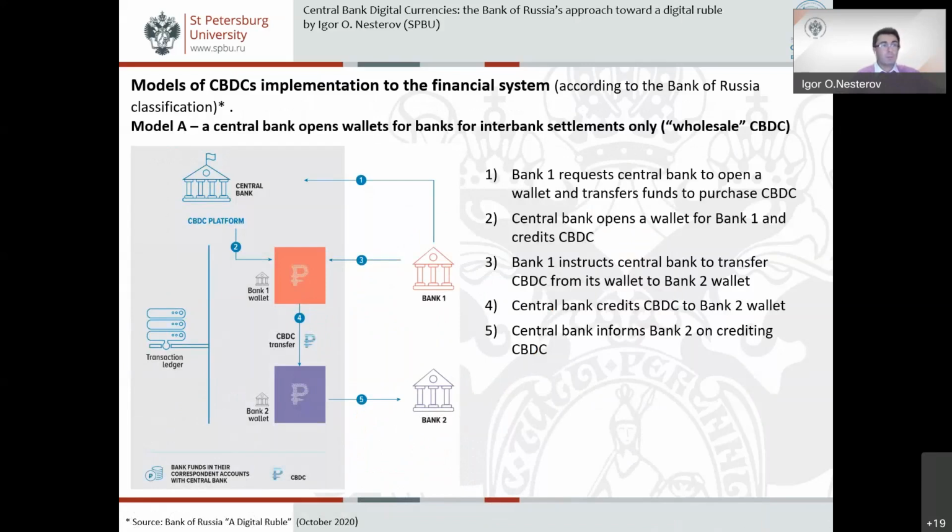So in all models presented, the creation and operation of the central bank digital currency platform, as well as the issuance of central bank digital currency, that is the digital ruble, is initiated and performed by the central bank.